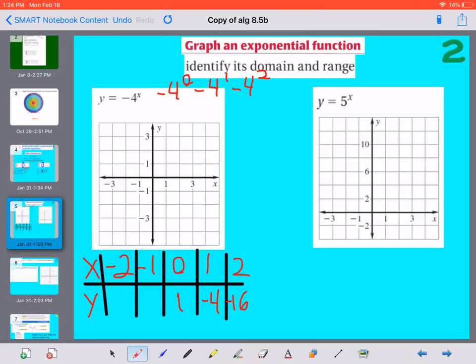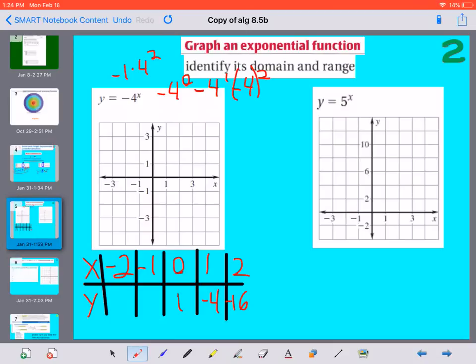Because what this is saying is that this is a -1 times 4 squared. So 4 times 4 is 16, times a -1 gives us a -16. Because we don't have parentheses, that's why we are not multiplying the -4 times -4. So we have to do -1 times 4 squared.